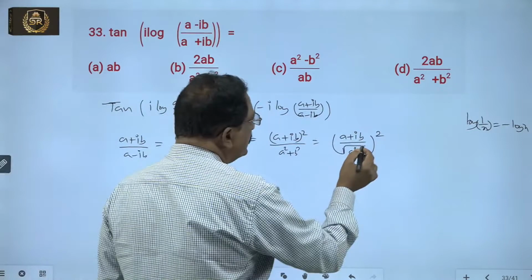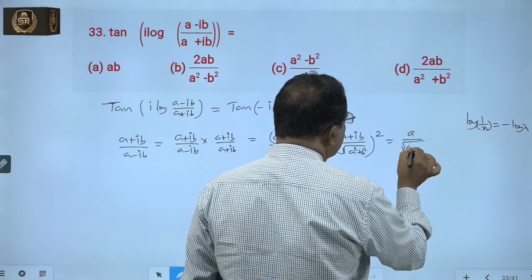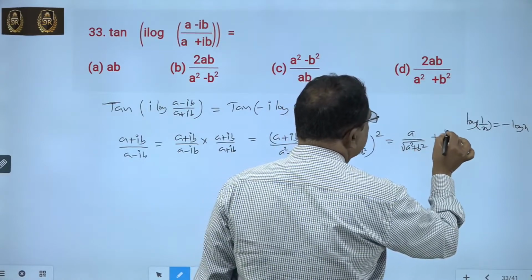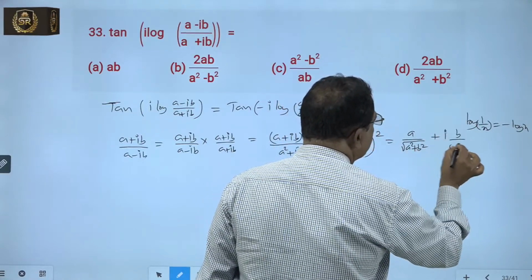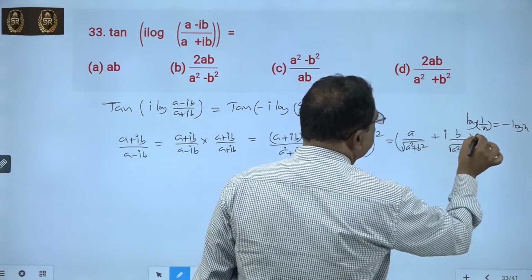Now it can also be written as A by square root of A square plus B square plus i into B by square root of A square plus B square, whole square.